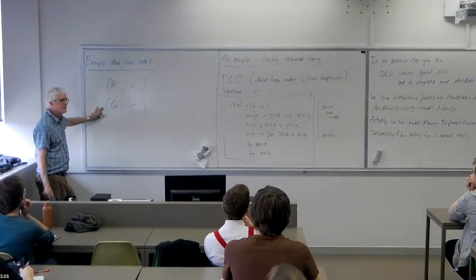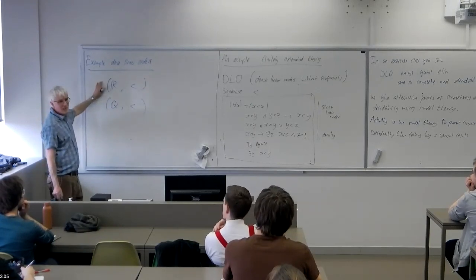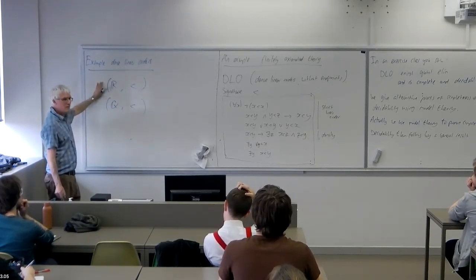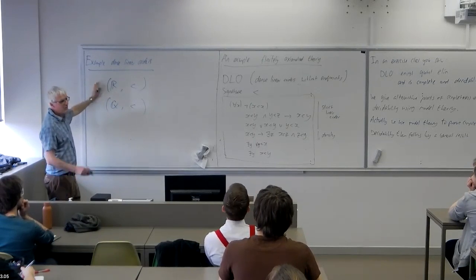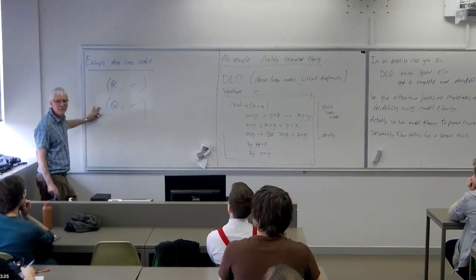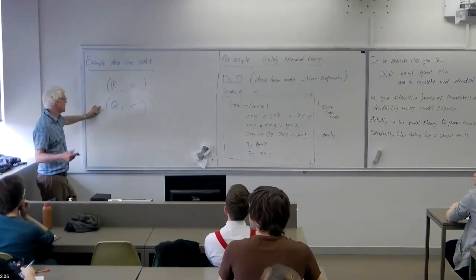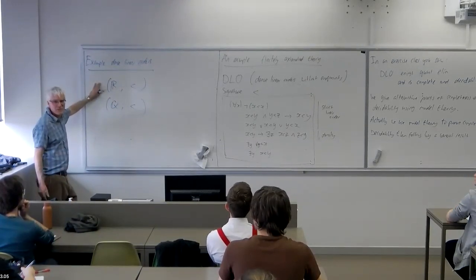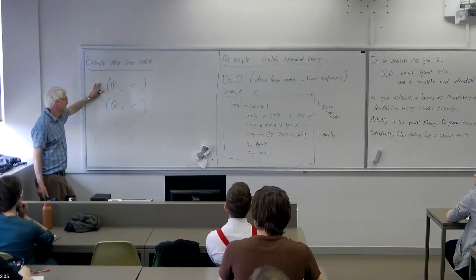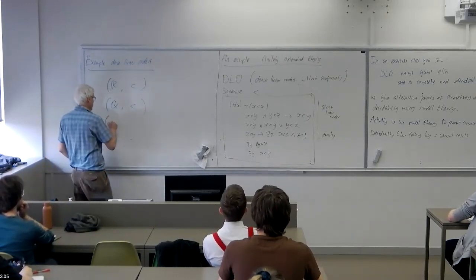Oh yeah, we could take rationally many copies of the reals, for example. I'm not going to put that one down, that's too complicated to write. That's going to be the same as the reals. So one we've already considered.